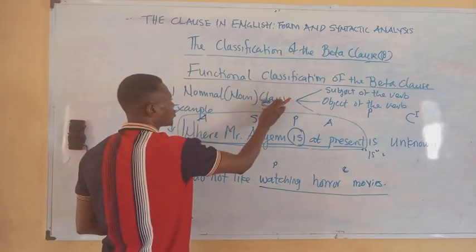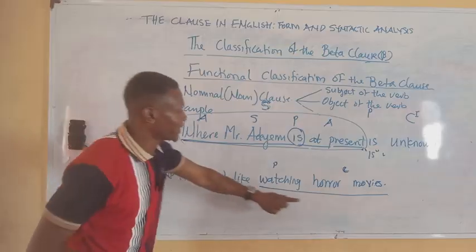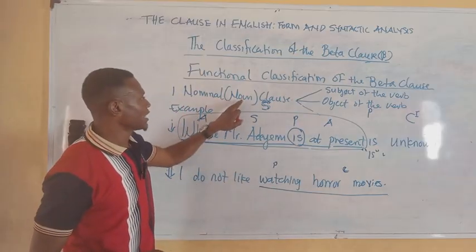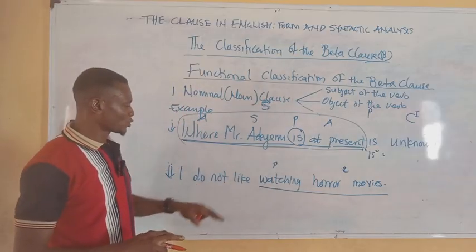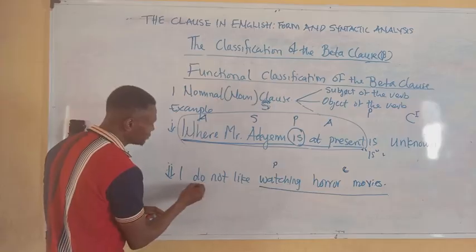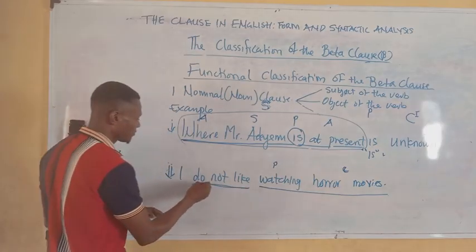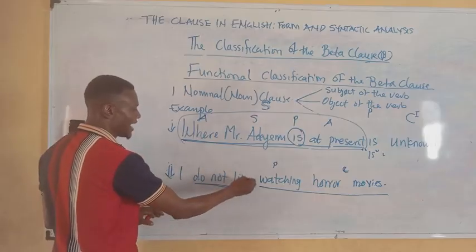It is a noun clause. Now, what is the function? It will be object. This is the main verb, "do not like".